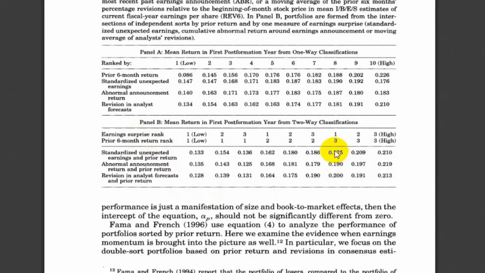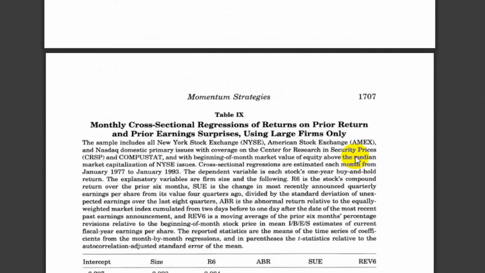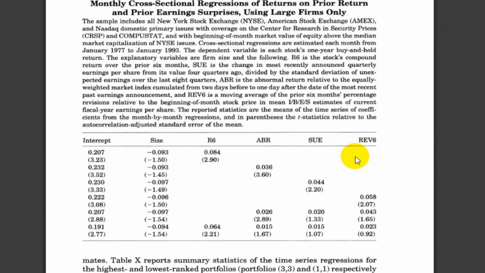However, we can see these differences aren't really as pronounced as they were found in the prior table, which included all of the stocks. And this makes sense because the larger companies have more public information and their earnings are maybe more predictable. So table 9 includes the regressions that we saw and used in a prior table, but here we have just the large companies.